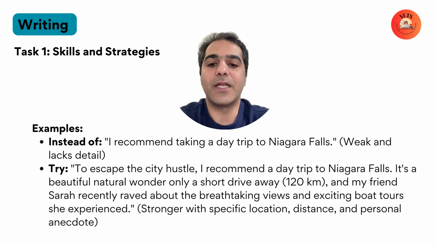It's a beautiful natural wonder only a short drive away, and my friend Sarah recently raved about the breathtaking views and exciting boat tours she experienced. So, this sentence, as you saw, is stronger with a specific location, distance, and personal anecdote. This strategy is more compelling. So, make sure you use real names, specific locations, and some anecdotes in order to achieve higher scores.